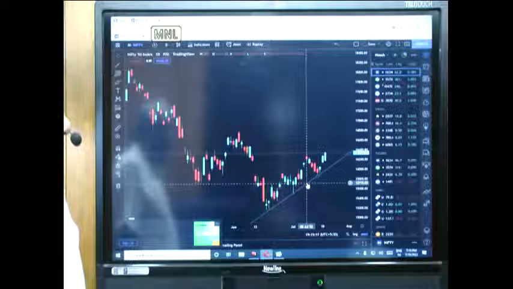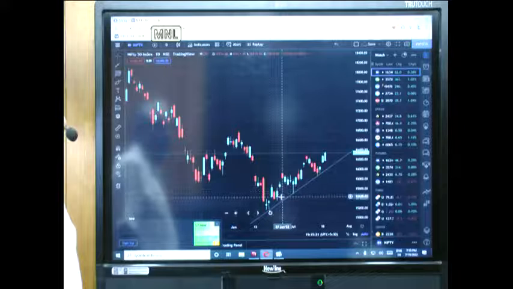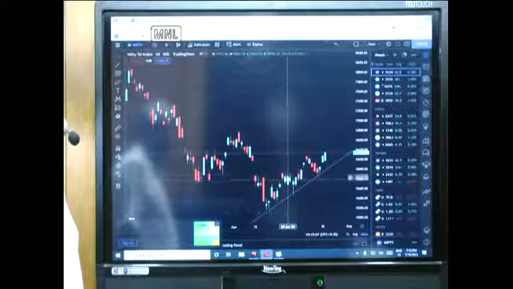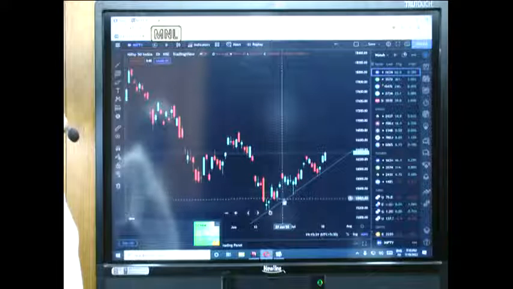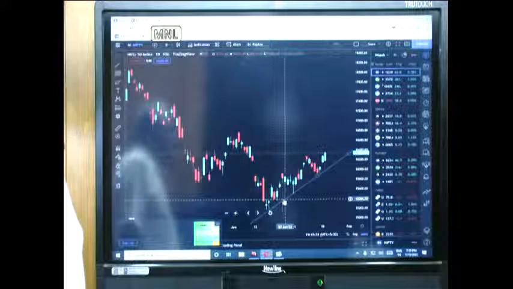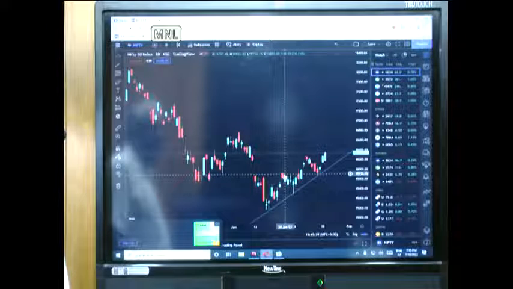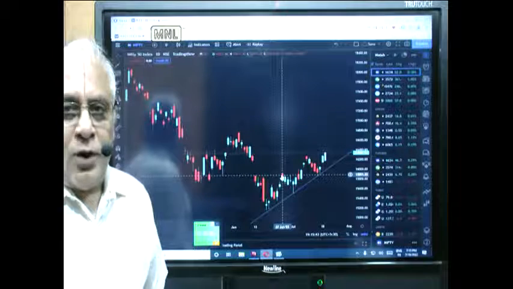Now, if you look at the same place here, it is 15,927, and the trend line here is 15,400 we can say. So approximately 15,400 means this is 15,927, 525, 527 points.